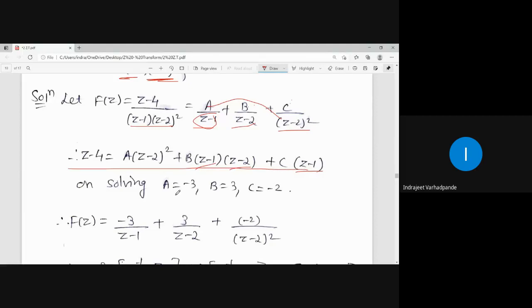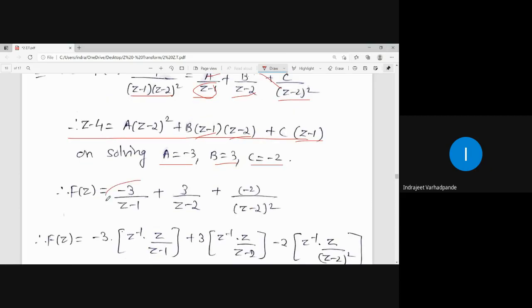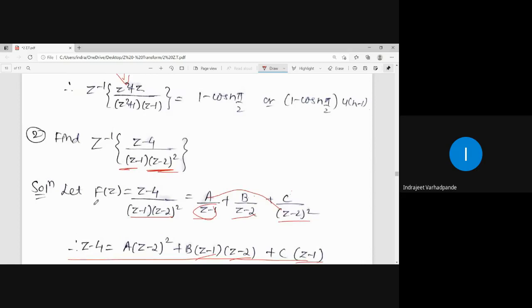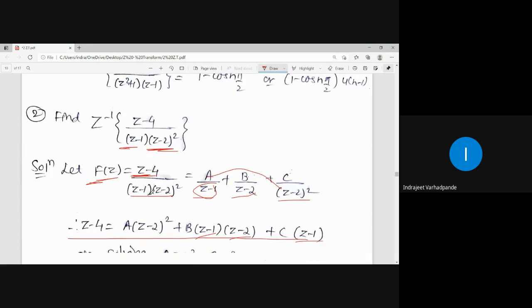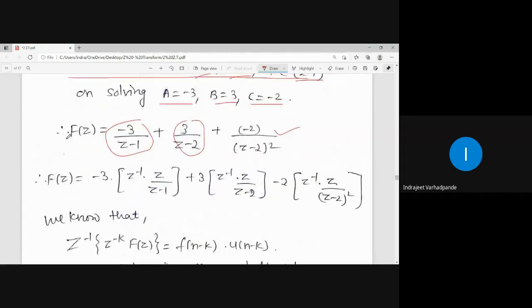Now I will put the terms of values of z as 1, 2 correspondingly and get the constants a, b and c. After taking the constants a, b and c, मुझे यहाँ पर terms मिलता है -3 upon this, 3 upon this and -2 upon this. Now in this particular f of z, in the numerator there was no possibility of taking out z common. तो मैंने वो z common नहीं लिया. मुझे आंसर क्या मिला? f of z is equal to this.